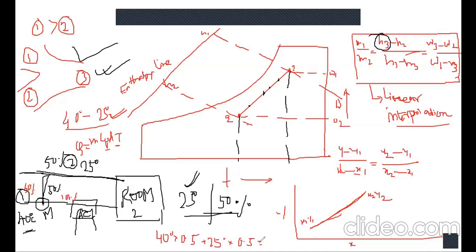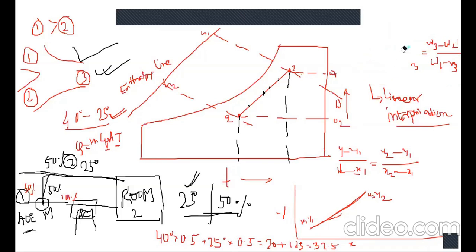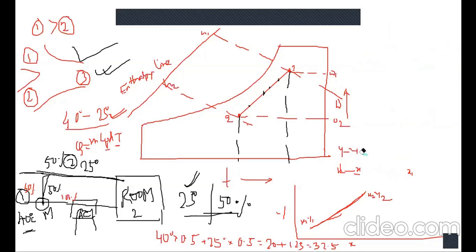What will we get? 20 plus 12.5, that is 32.5 degrees.